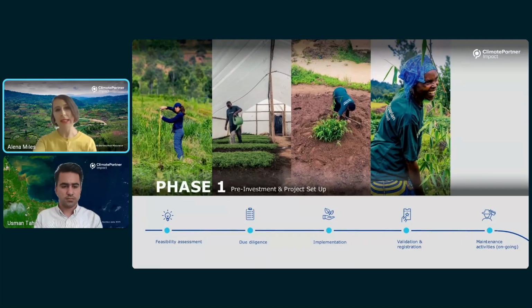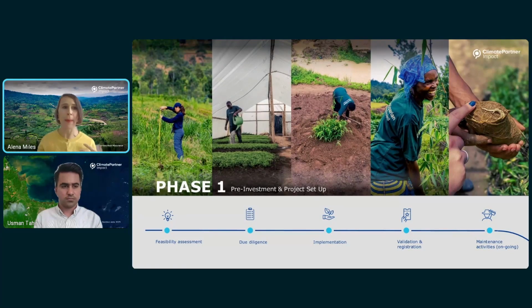And while that is happening, we are also doing extensive maintenance. So for example, just keeping it practical, here we've got bamboo. After planting bamboo, we have at least 2 years of maintenance activities. That includes things like mortality counts, replacing plants that didn't survive. Often there are a lot of weeds around the bamboo, which of course compete for nutrients and water, and those must be removed.